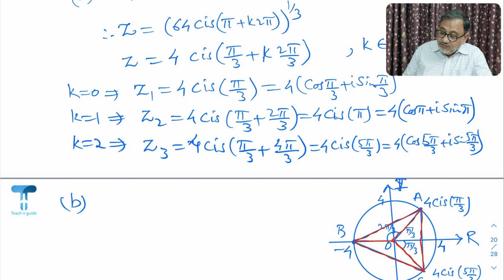So area of 3 triangles will give me the area of the whole triangle. For each triangle, each side is 4 because the radius is 4. And the angle between them is pi by 3 plus pi by 3, 2 pi by 3, right?